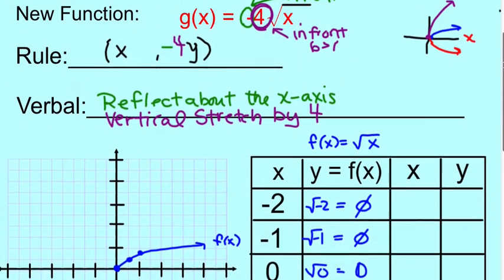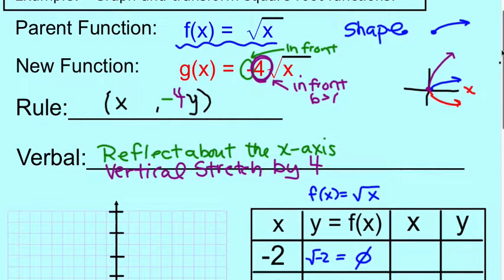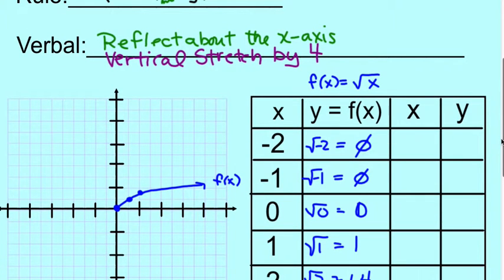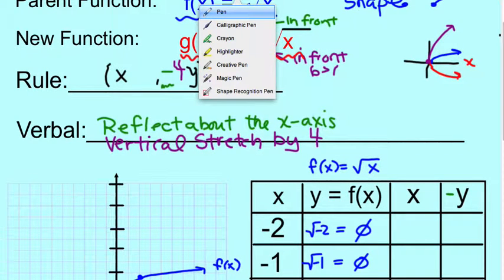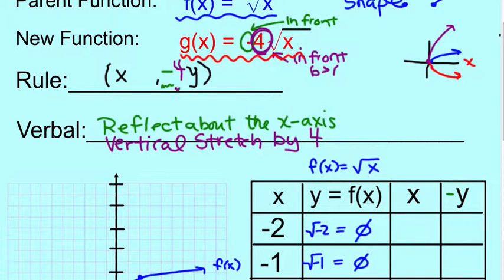Now we're going to graph the second function, which is our new function, our g of x in red, and we want to use the rule. And here is our rule. We want to negate the y. So everything in the y column is going to be the opposite sign, and we're going to multiply all the y values by 4. We're stretching it up. We're vertically stretching it by 4.